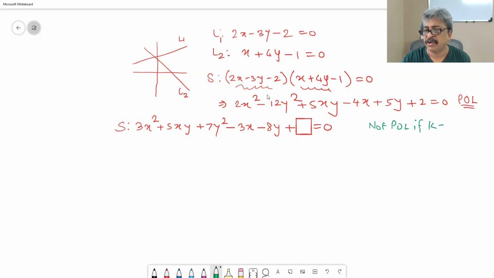So find K for this S to be POL. That is your exercise. Warm up exercise early in the morning. Either you do this or be ready for skipping rope.